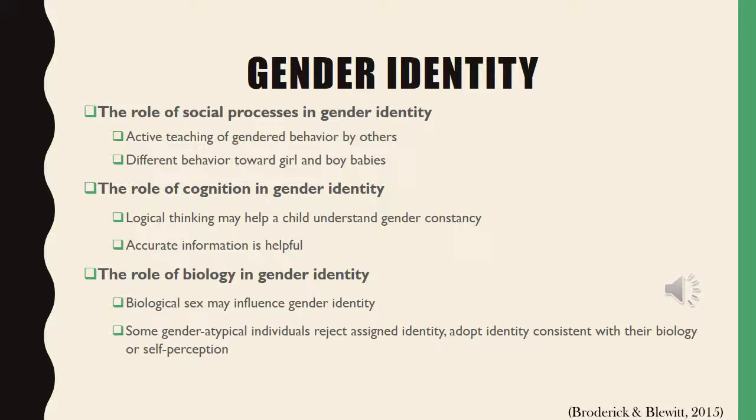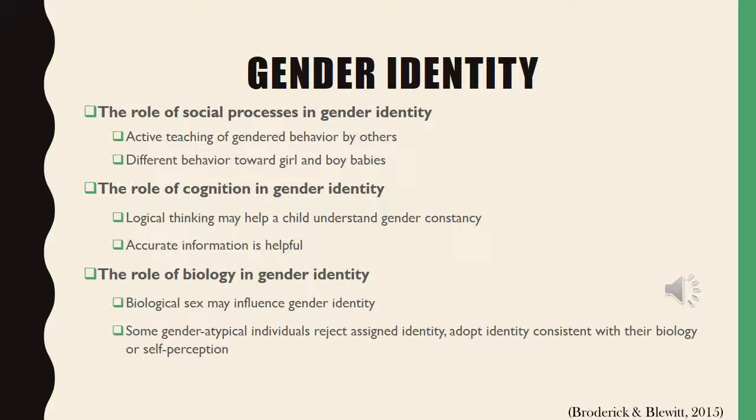It's not what color you like playing with, it's not whether you like rough housing or wearing dresses, but that it is often biological sex or genitalia that someone is born with. And so helping children understand that, providing that accurate information, can help solidify that gender consistency for them.